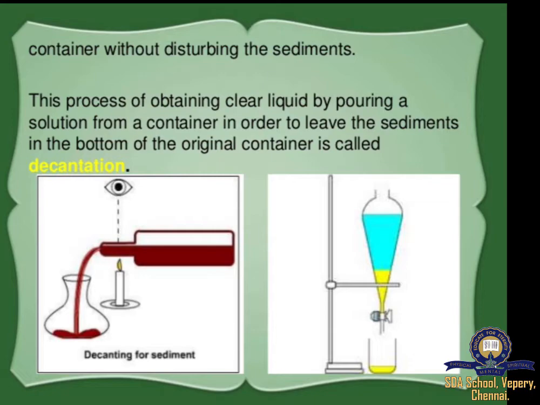So transferring the liquid is called sedimentation, and the original content left at the bottom is called decantation. This process of obtaining the clear liquid by pouring the solution, in order to leave the sediment at the bottom of the original container, is called decantation.